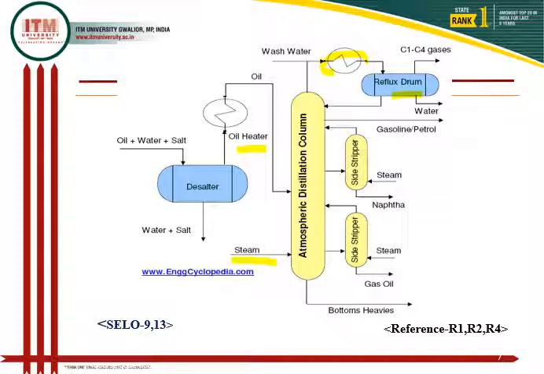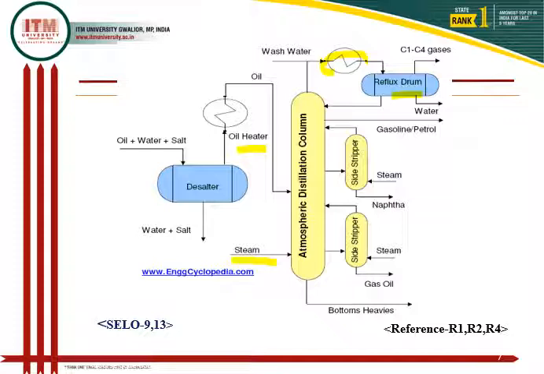As the crude oil is a complex mixture of hydrocarbons, lighter and heavier, the lighter also consists of some heavier, and the heavier consists also of some lighter. So again the refluxing and the reboiler play an important role in the separation of the lighter fractions from the heavier fractions.